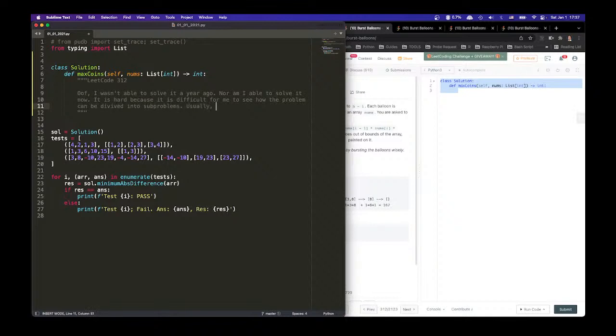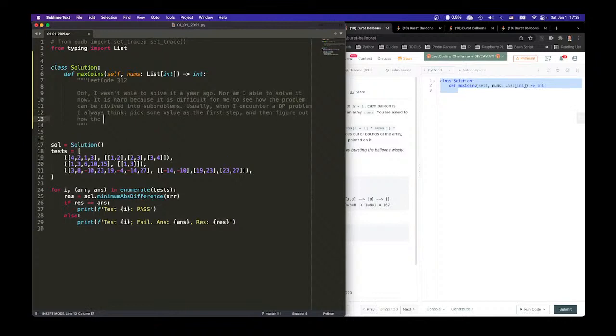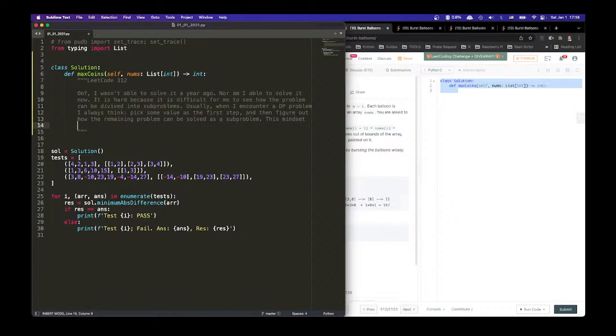Usually, when I encounter a DP problem, I always think we pick some value as the first step, and then figure out how the remaining problem can be solved as a sub-problem. This mindset reinforces that the first pick is the first step.